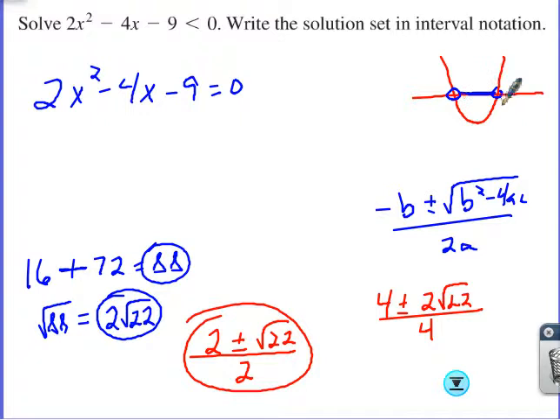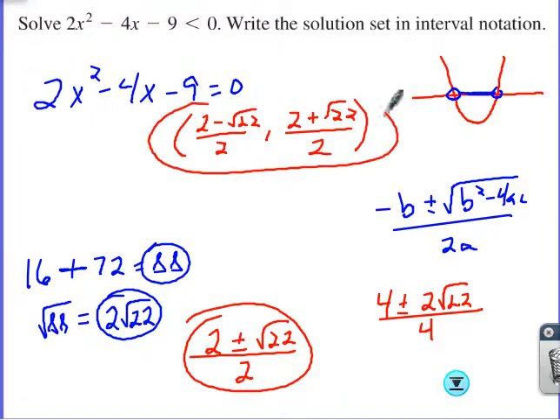This is my 2 plus root 22 over 2. So if you want to write it in exact terms, my answer is going to be all values from 2 minus root 22 over 2 all the way up to 2 plus root 22 over 2. That's an exact answer.